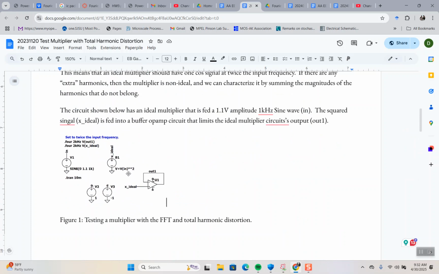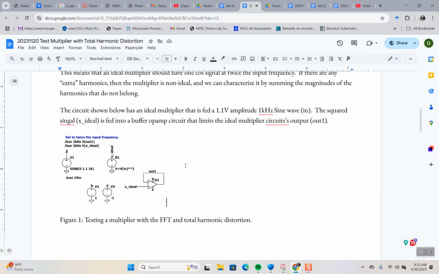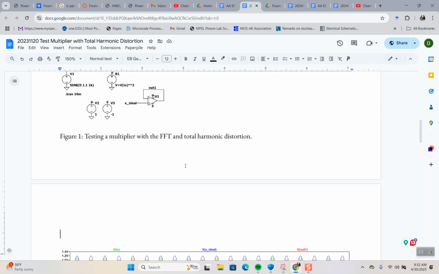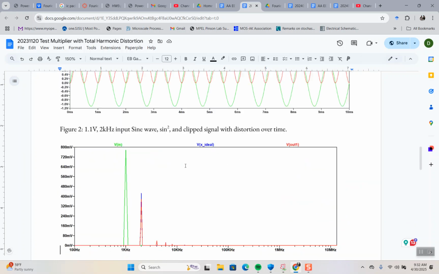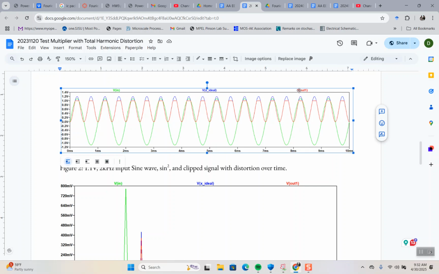And I just have Vn squared, right? I'm just making an ideal, all right? And the green is the original, Vx ideal is blue, and you can see that it's twice the frequency and it's not being altered. And then Vout1 is clipped, right?